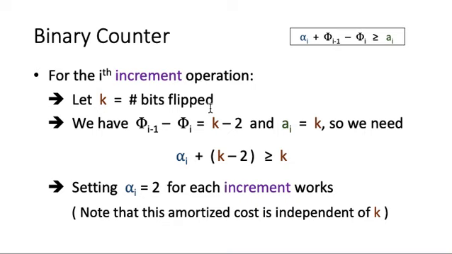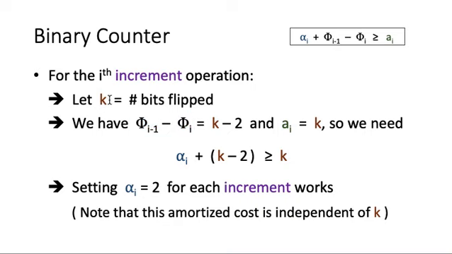But on the other hand, the leftmost bit that we are going to flip changes from 0 to 1. So we have to pay back $1 to invest a potential of 1 into this potential function. So altogether, the change of this potential function, before minus after, will be equal to k minus 2.